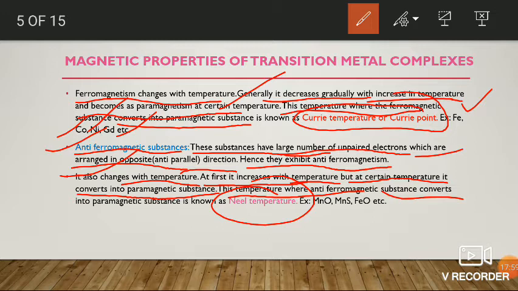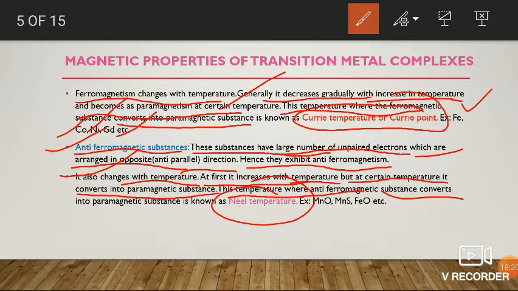In the case of ferromagnetic substances also, by increasing temperature, the magnetism value gradually decreases, but at a certain point they convert into paramagnetic substances. That temperature is known as the Curie temperature.